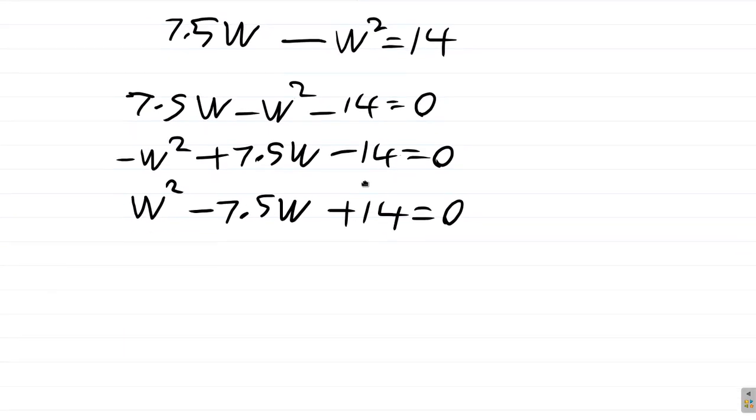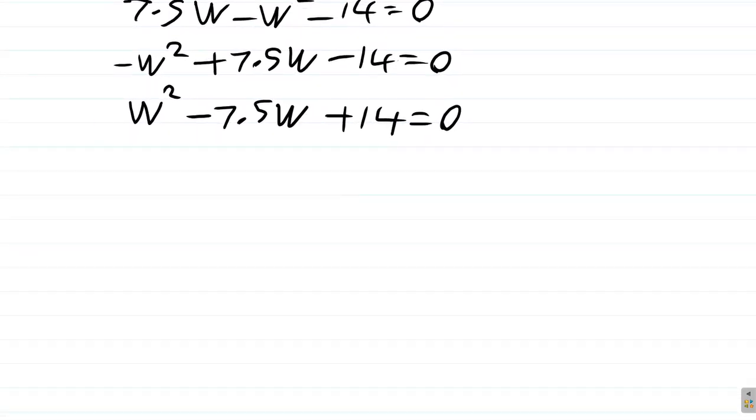Now, we can solve this. I was thinking of doing it using factorization. If we multiply both sides by 2, we get whole numbers. But could it be done using completing the square?